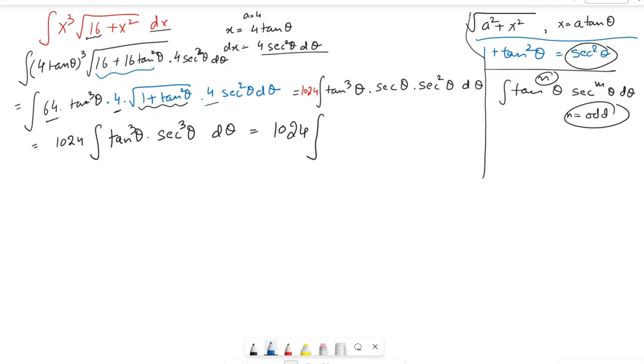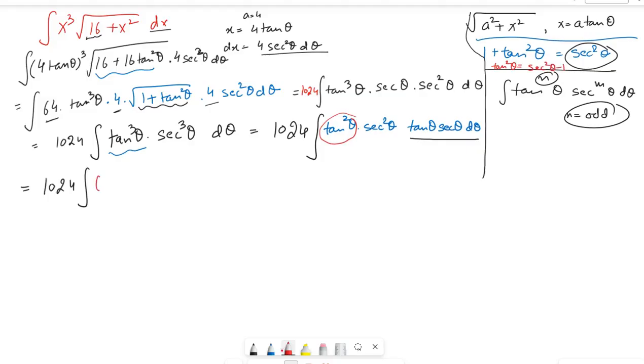We did it by peeling one tangent off from tangent theta and one secant off from secant theta. So we will be left with tangent square theta times secant square theta. We're going to keep this as is, but replace all the other tangents with secant square. How? 1 plus tangent square theta is secant square theta. So tangent square theta can be replaced by secant square theta minus 1.